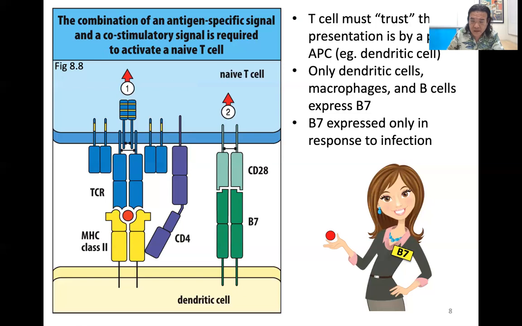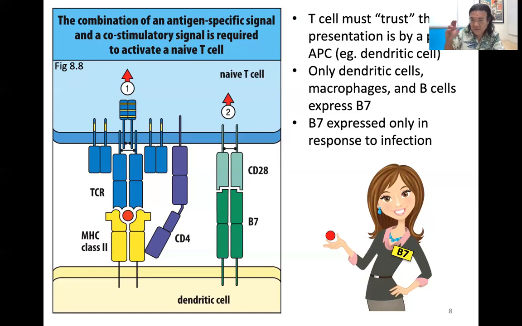Because remember, a professional antigen-presenting cell that has MHC2 on it is actually only a small subset of cells in our body. Only certain types of immune cells express MHC2. Nearly all of our cells can express MHC1, because nearly all of our cells have the ability to raise the alarm that they are infected, and so that they might need to be destroyed.